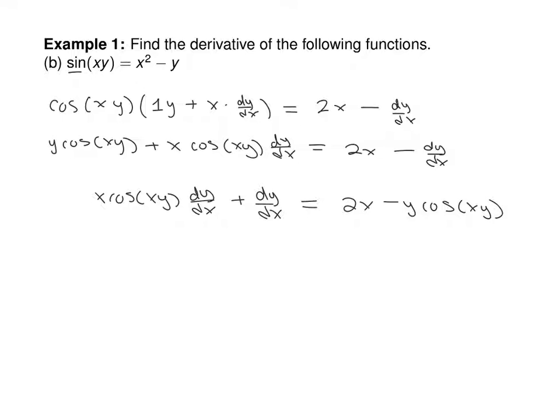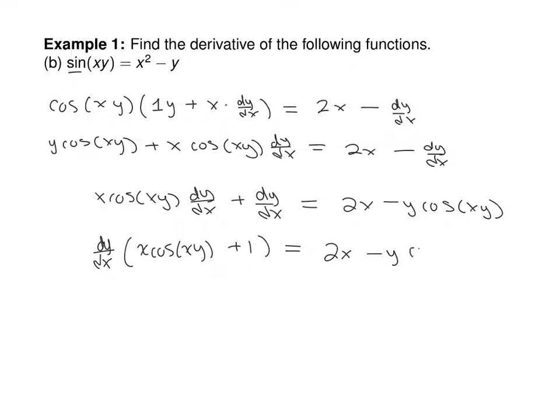Great. Is that okay? Now when you factor out the dy dx, what's left behind? X cosine xy and a 1. The 1 is one thing that's often missed, but yes, you got that.